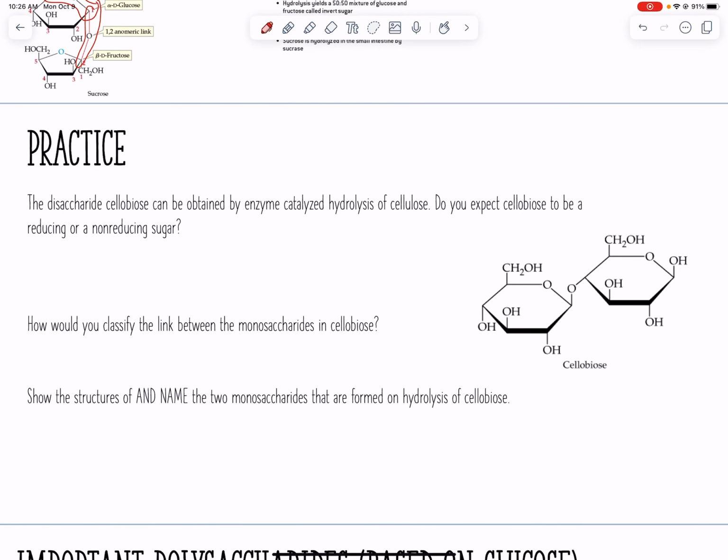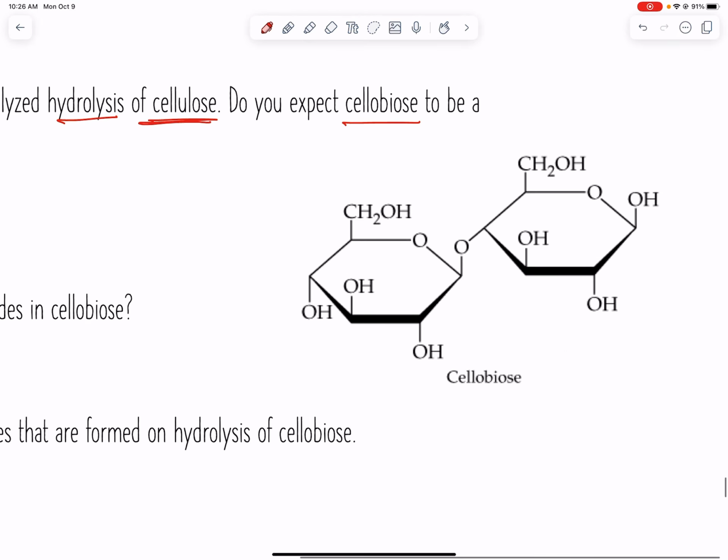Okay. Practice question. It says the disaccharide cellobiose can be obtained by enzyme catalyzed hydrolysis of cellulose, which is a really, really long chain carbohydrate polymer. Do you expect cellobiose to be a reducing or non-reducing sugar? So again, all we want to do is come over to the terminal monosaccharide. That's the one on the right.